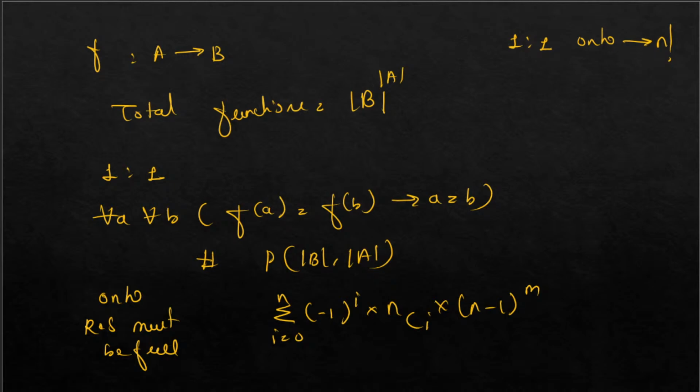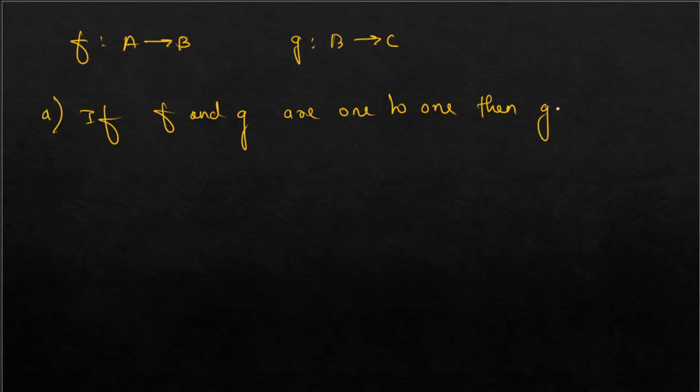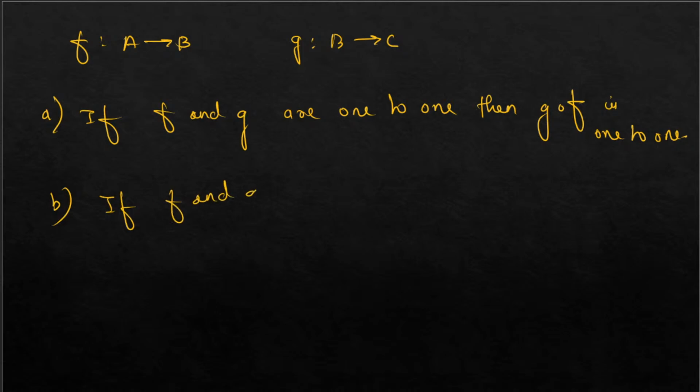Okay, so let's see the next one. g of f is one-one. Second, if f and g are onto, then g of f is onto.